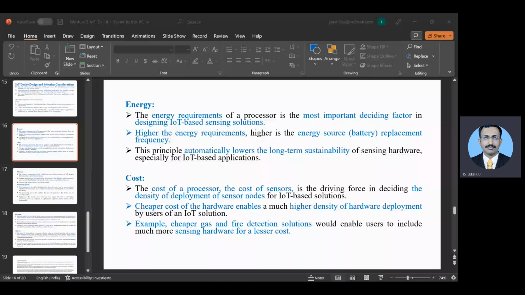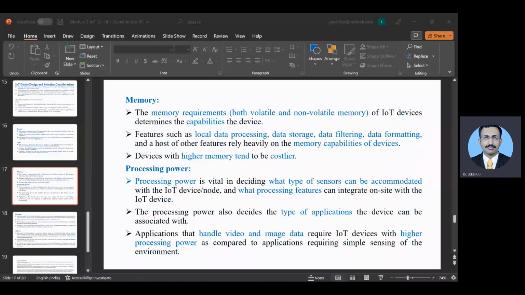You say that you need this much memory, 256, or 1 MB. See, when you are going for a node, you cannot have 1 GB. So your memory capacity will be less, but the optimum that is required, that much will be for the processing to happen.